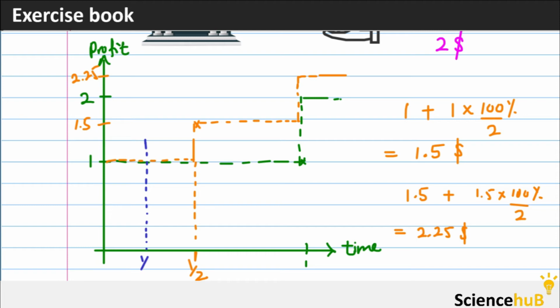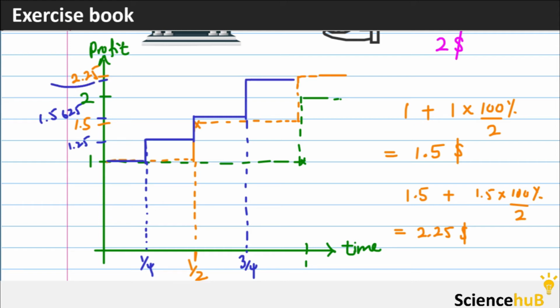If it is done quarterly, you will get $1.25 at first quarter, and at the mid-year you will get 1.5625 if you do the maths. Then at the third quarter you will get 1.953125. I'll write it here.